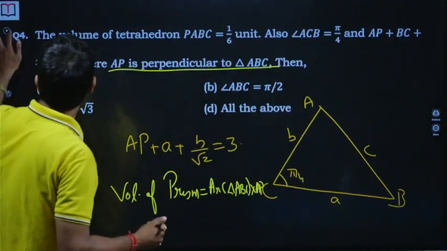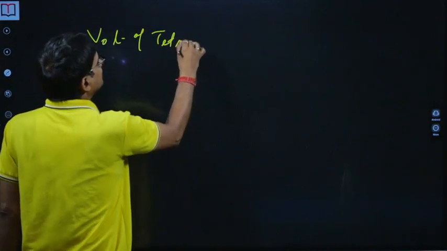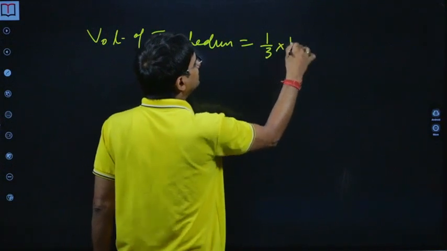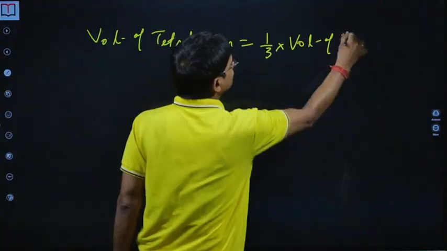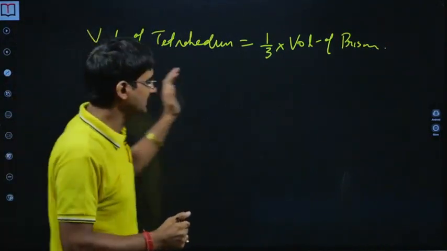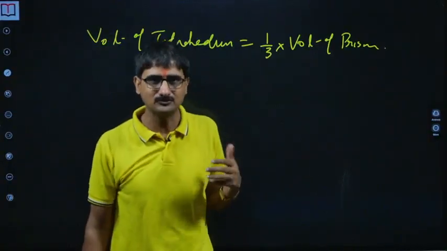Now see, volume of tetrahedron is 1/3 the volume of prism. Sometimes my students ask me, how can I say that? Do I have a proof? I know, but still I am so confident about it.